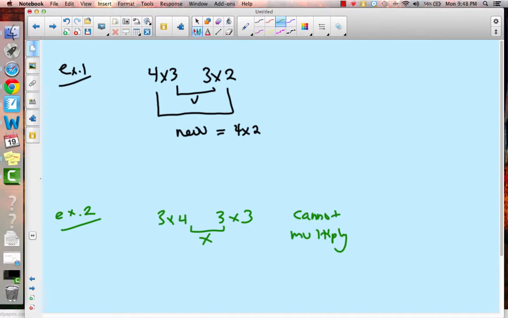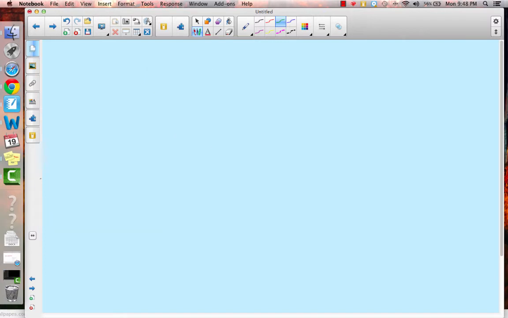So now let's get into the actual multiplying part. To multiply, and if you think it's going to help you to write this, that's fine. Otherwise, if you think it's going to be easier to just jump into an example, that's fine as well.